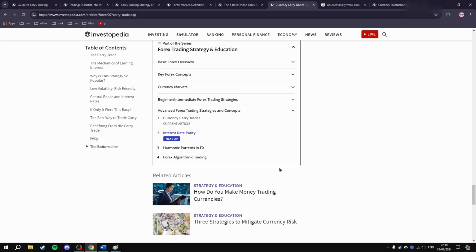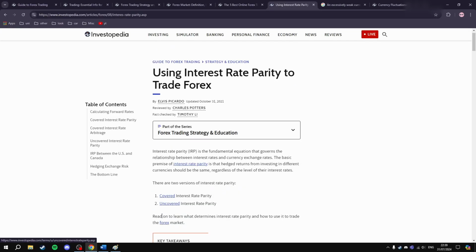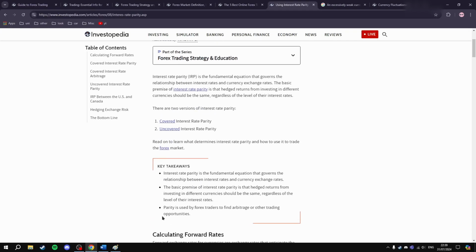Okay. Next one, interest rate parity. Interest rate parity is the fundamental equation that governs the relationship between interest rates and currency exchange rates.